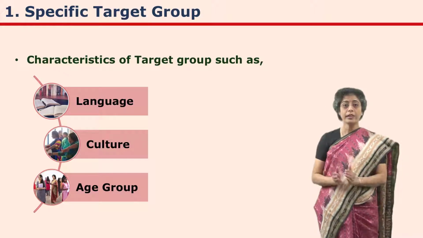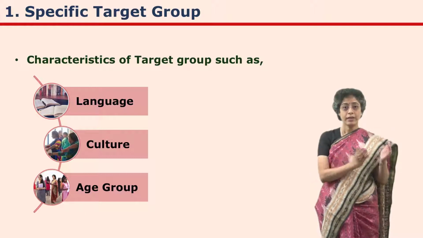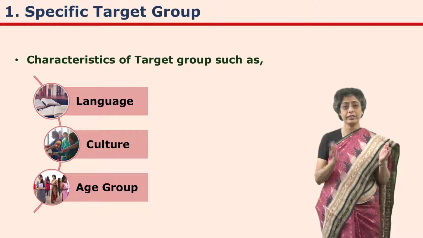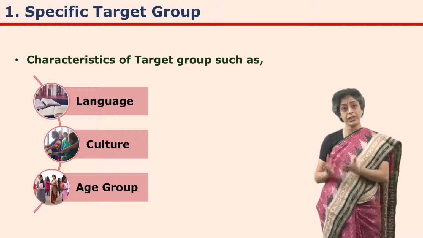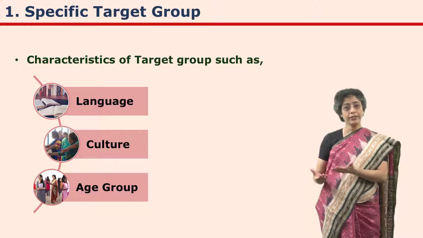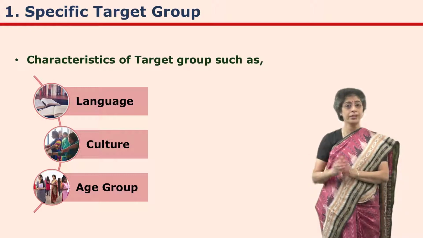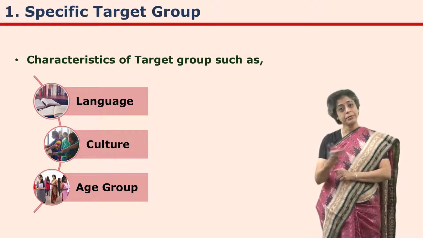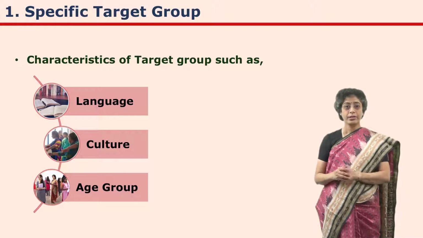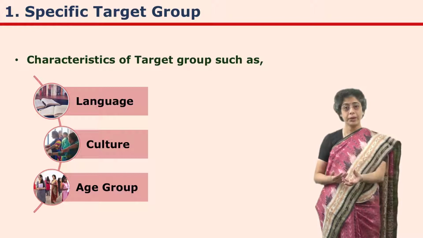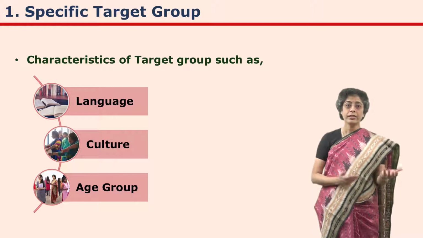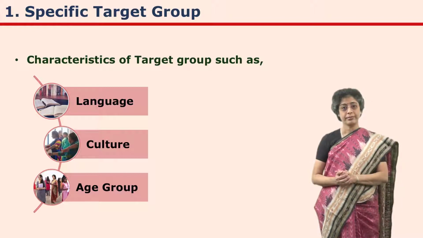Now, this target group may have some typical, specific characteristics such as language, culture, and age group. Different language groups use different terminologies. Sometimes spellings differ. You all are aware that some spellings such as color and program are written differently in the UK and USA.